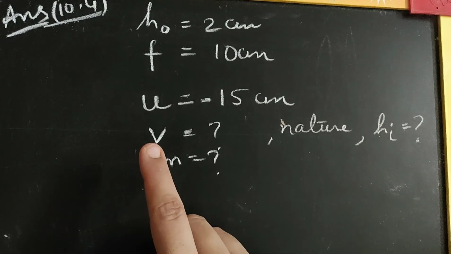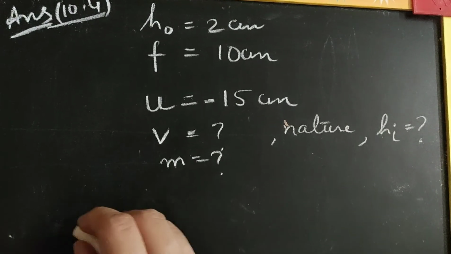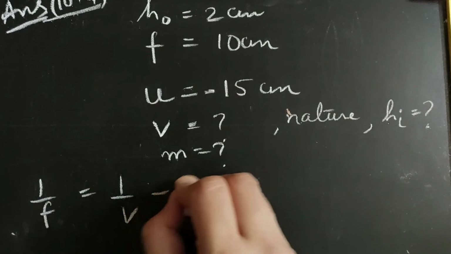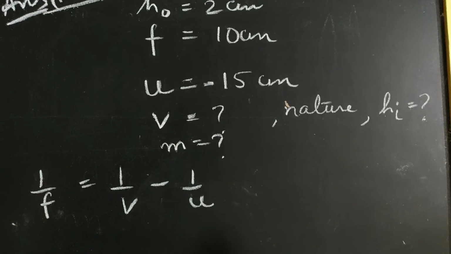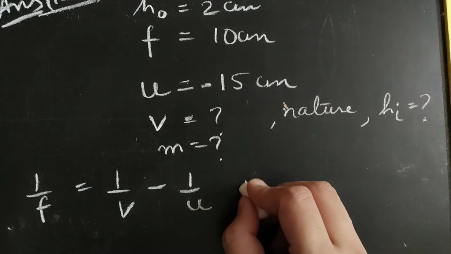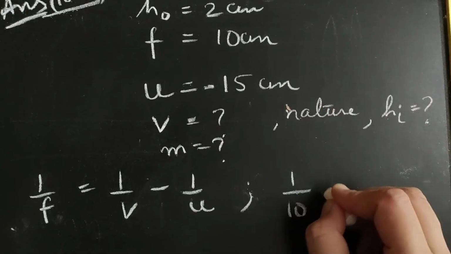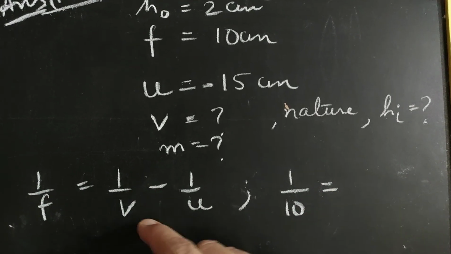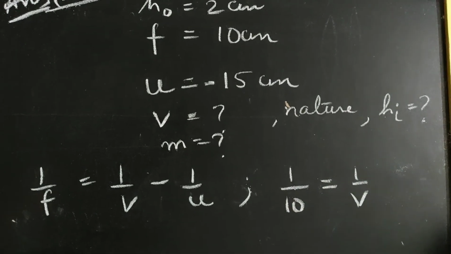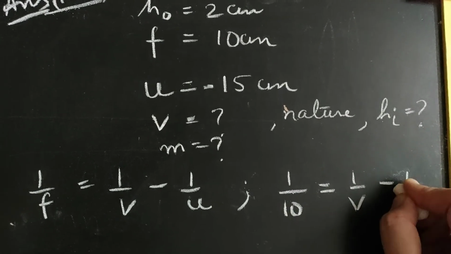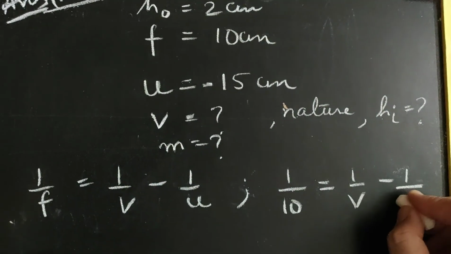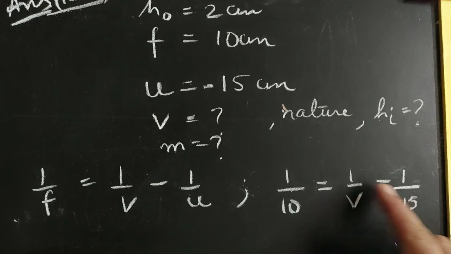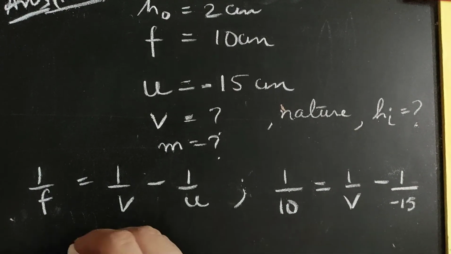So we'll start with calculation of v by the lens formula, which says that 1 by f is 1 by v minus 1 by u. Putting the values in this formula, we get 1 by f is 1 by 10, 1 by v is to be calculated, minus 1 by u. When I put the value of u, I will put it as minus 15. So now solving this equation further, what do we get?